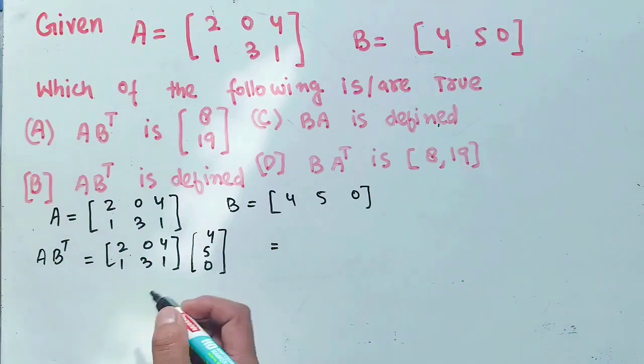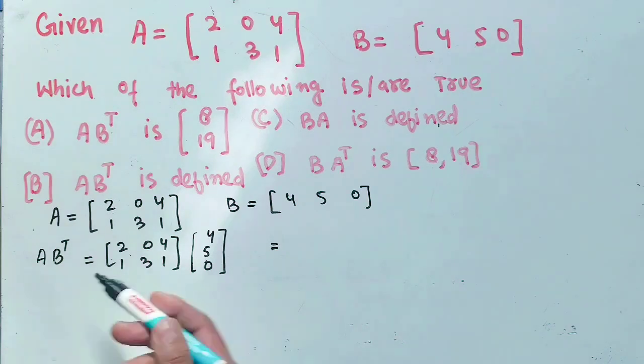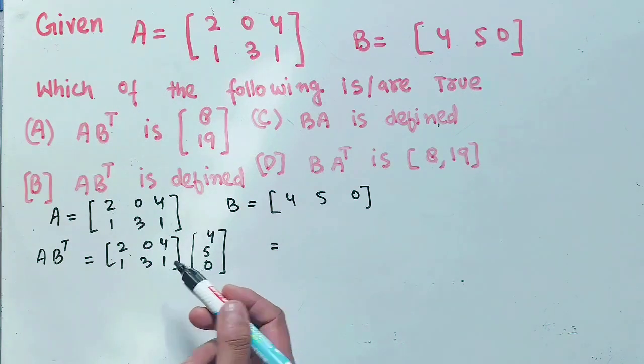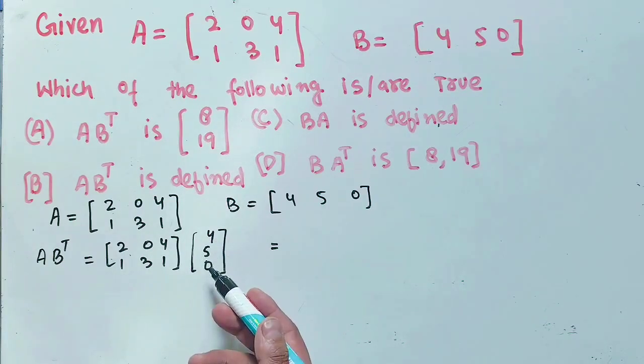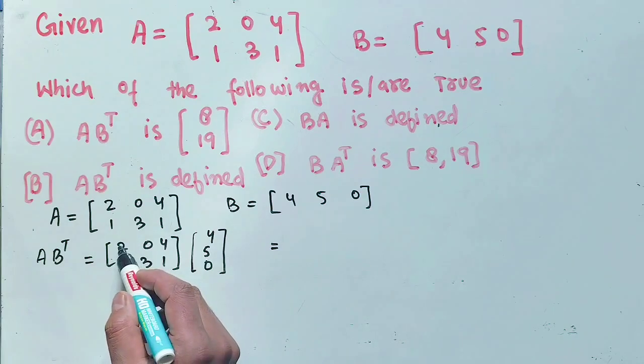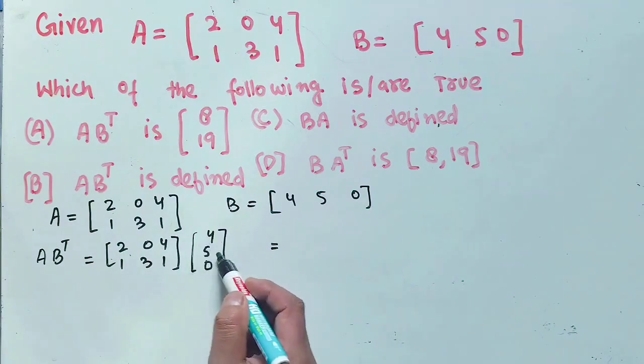So what is the number of columns? 1, 2, 3. And the number of rows in the second? 1, 2, 3.